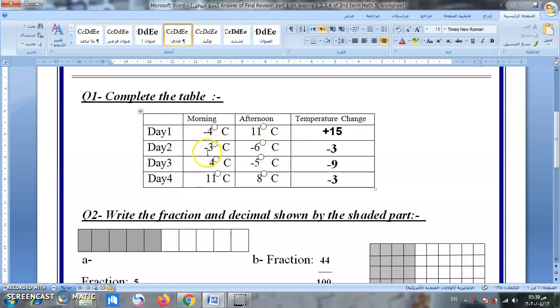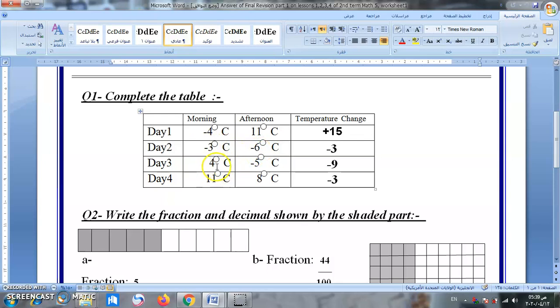It was -3, and now here -6. So does it increase or decrease? Very good, here it decreases, تقل يا شباب. Why? Because it starts with negative, and also this is with negative. So here it decreases, يعني تقل.